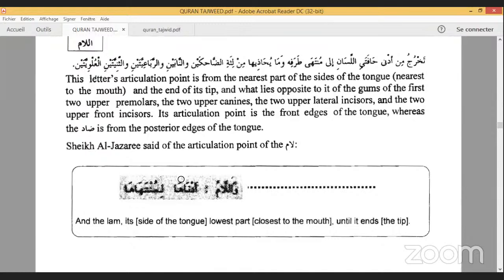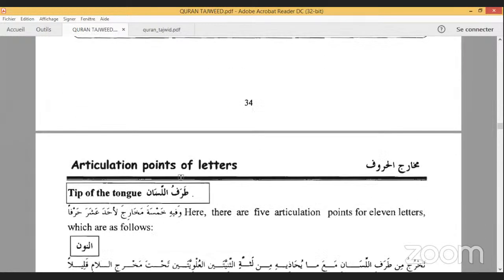Its articulation point is the front edges of the tongue, whereas the dad is from the posterior edges of the tongue. Okay, we say L, la, lu, li, like this.